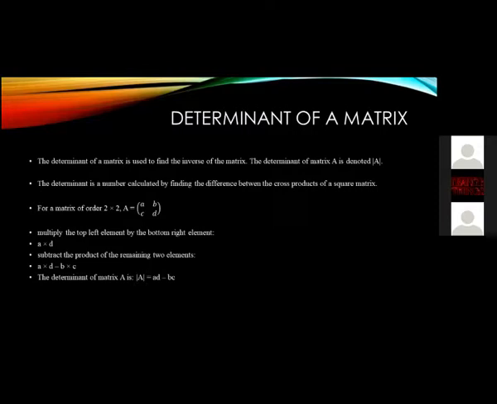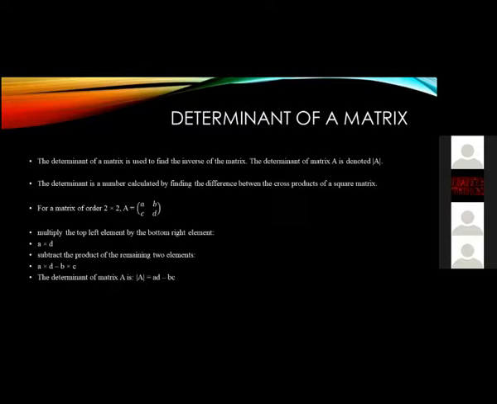Determinant of a matrix. The determinant of a matrix is used to find the inverse of the matrix. The determinant of matrix H is denoted det H. The determinant is a number calculated by finding the difference between the cross products of a square matrix. For a matrix of order 2 times 2, H equals a, b, c, and d.